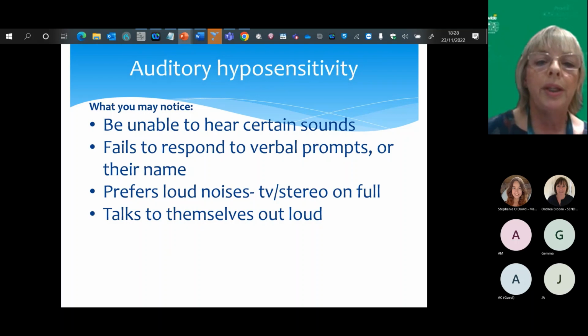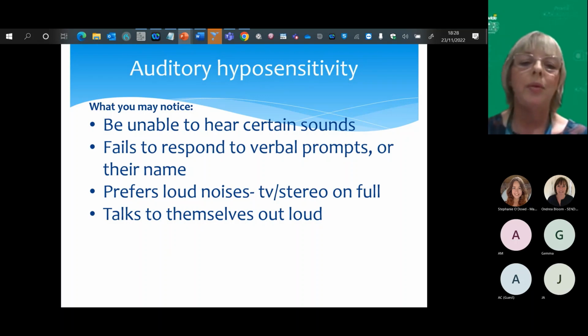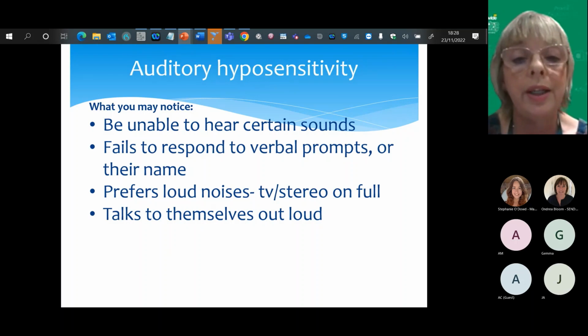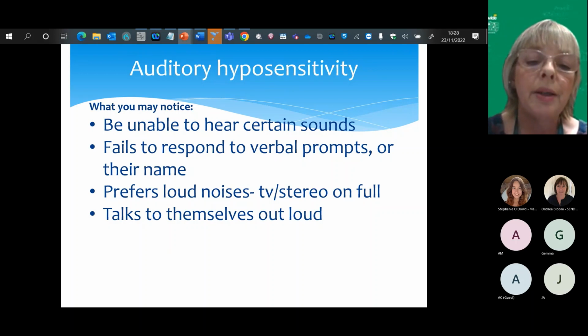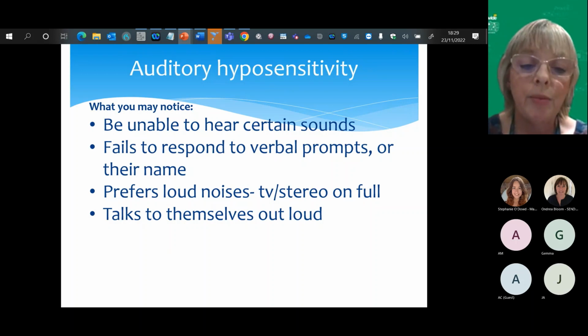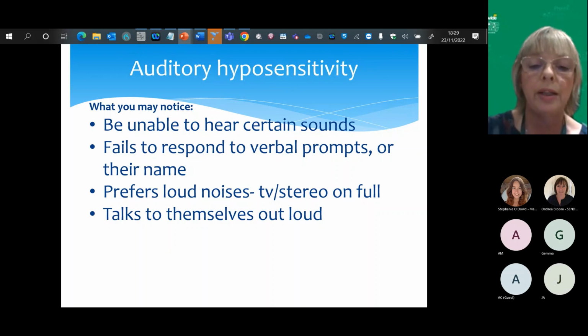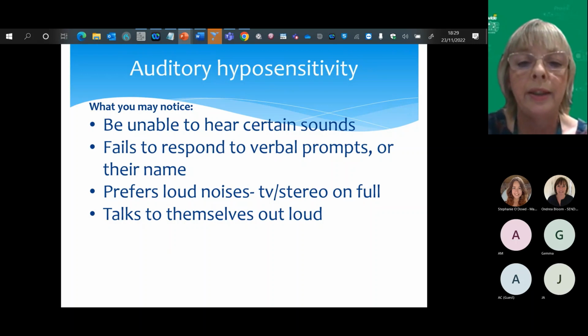If the child's auditory hyposensitive, that's the one that might get them into trouble for ignoring the teacher at school. The child that's hyposensitive might not necessarily be able to work out what's foreground and background noise. They might struggle with actually hearing, and sometimes we'll hear that children have been for hearing tests because people have thought that they had a hearing impairment.